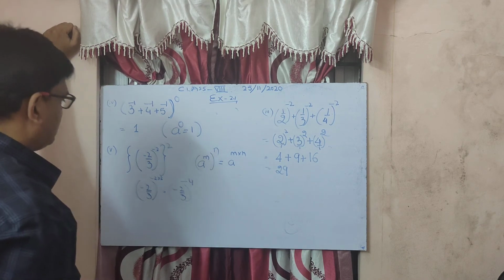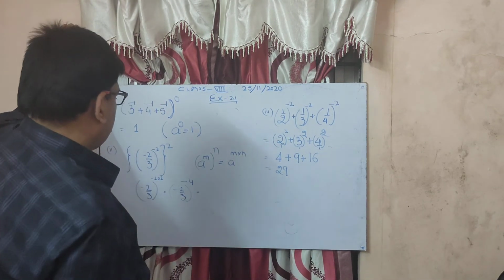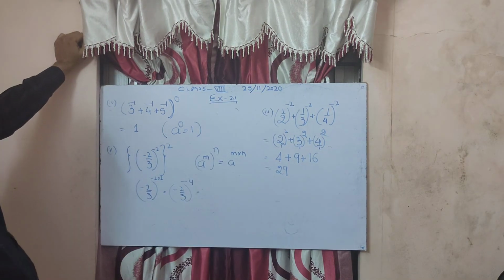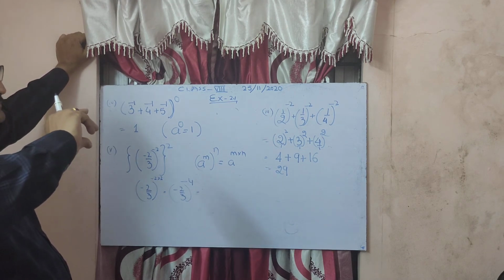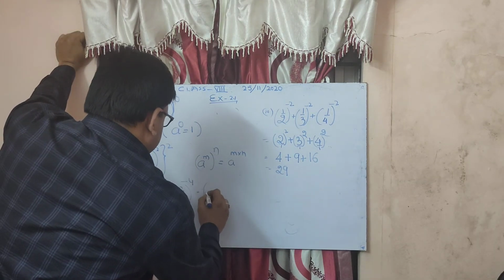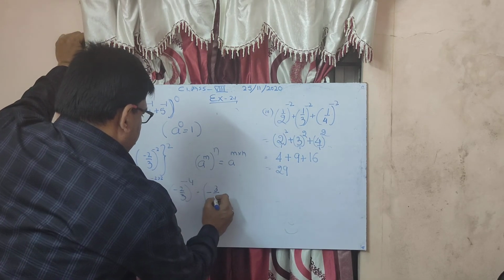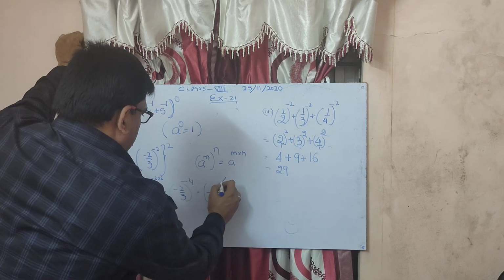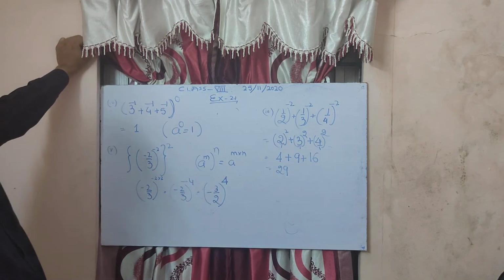Okay, now as I told you, if you want to make the power positive, just reverse the base number. The minus sign will not change. The denominator becomes numerator and numerator becomes denominator. Now minus becomes plus.